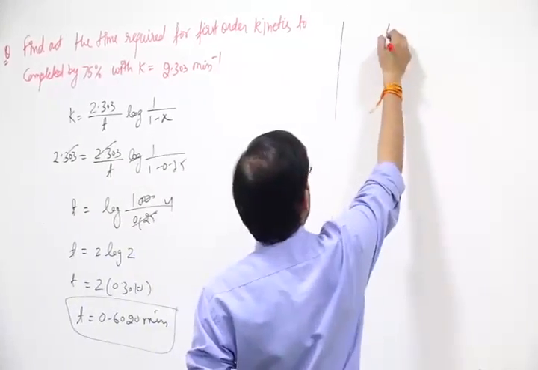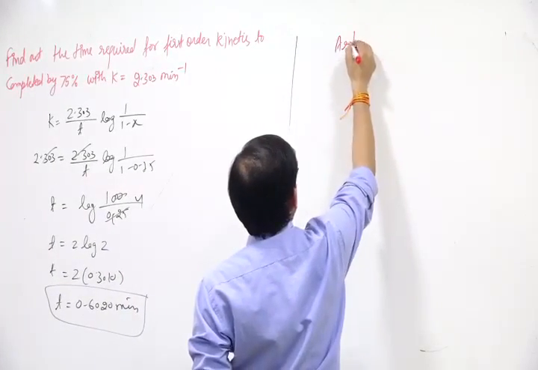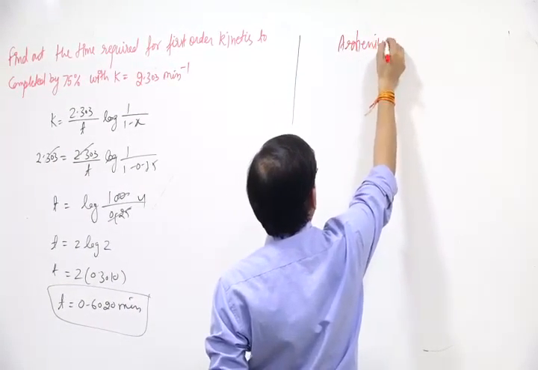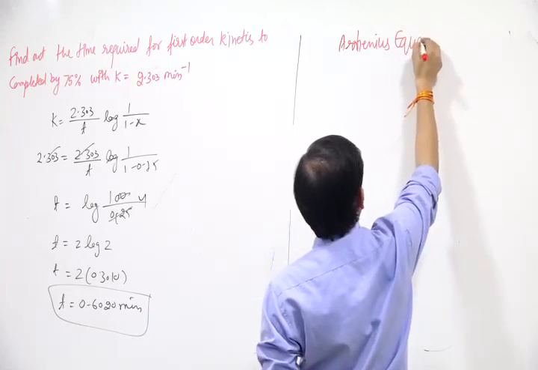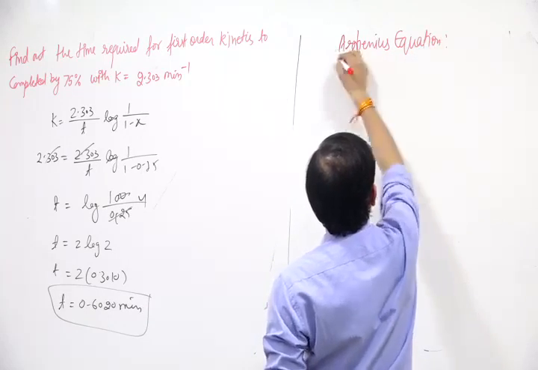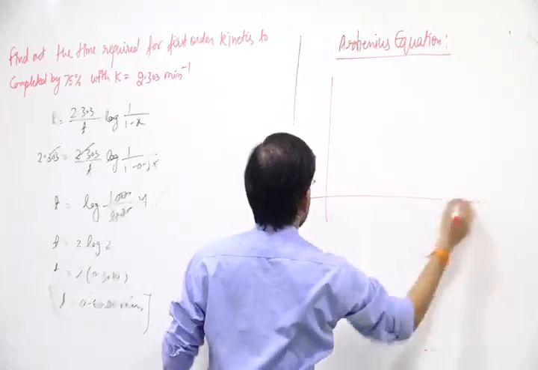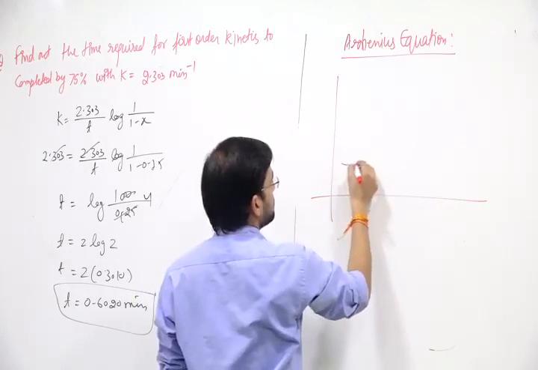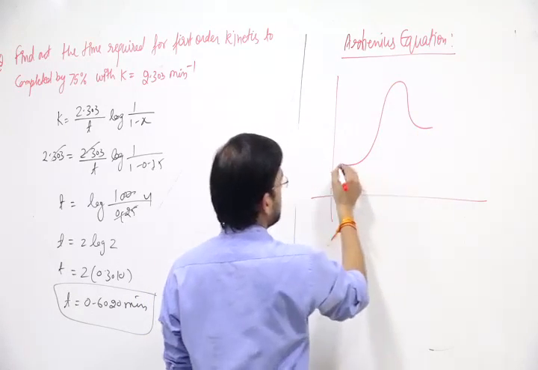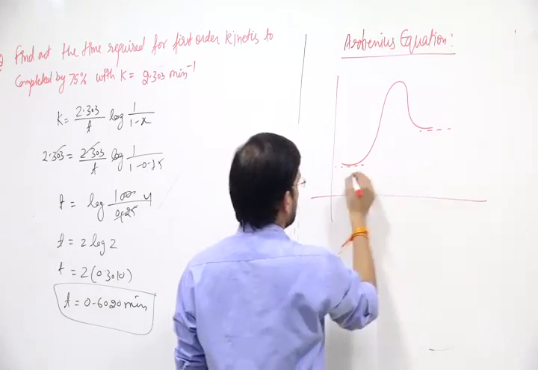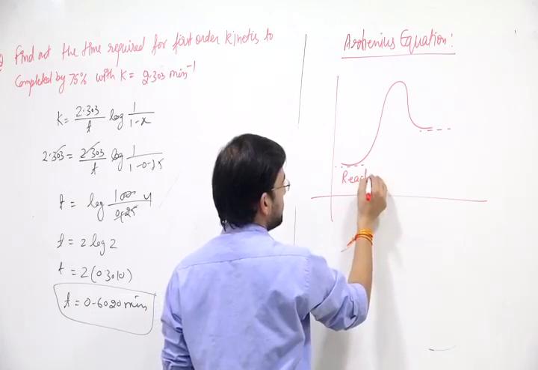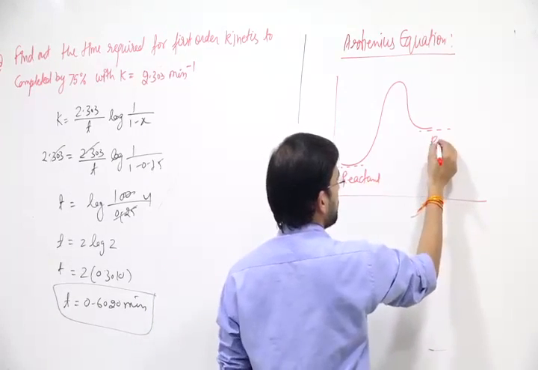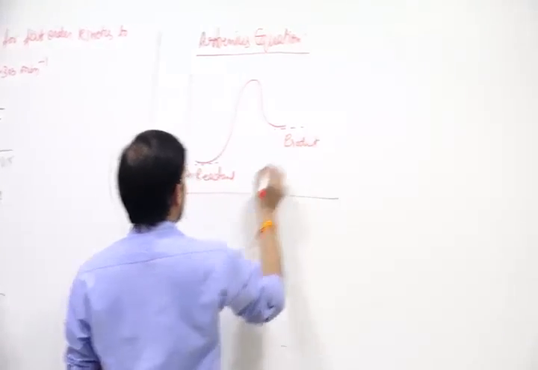Now we have the next concept called the Arrhenius equation. When you talk about it, this is a place where you have reactant, this is a place where you have product.